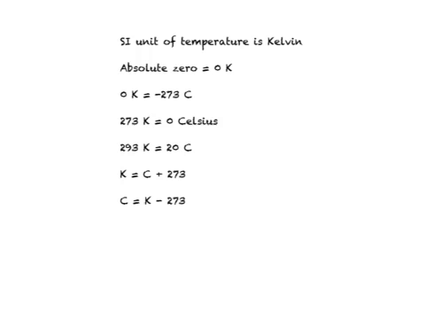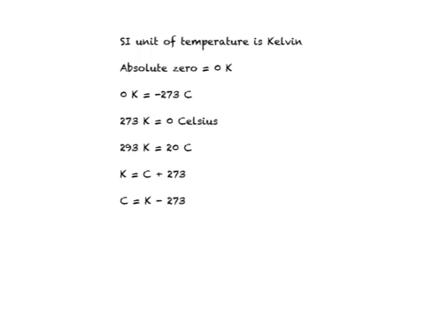Now, 0 degrees Celsius equals 273 Kelvin. So 0 Celsius is the freezing point of water. That is 273 Kelvin. 293 Kelvin equals 20 degrees Celsius.